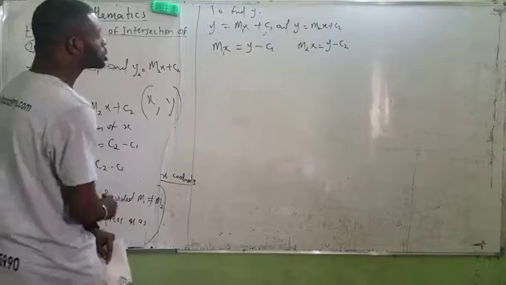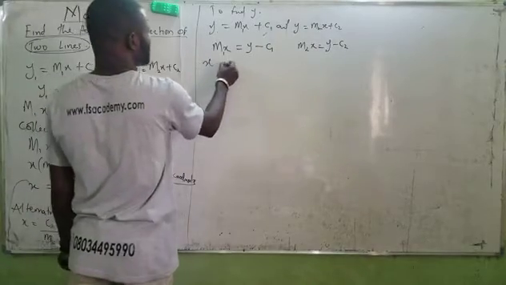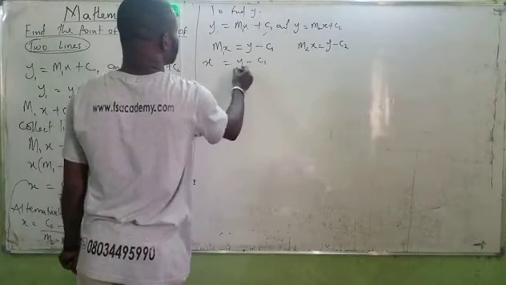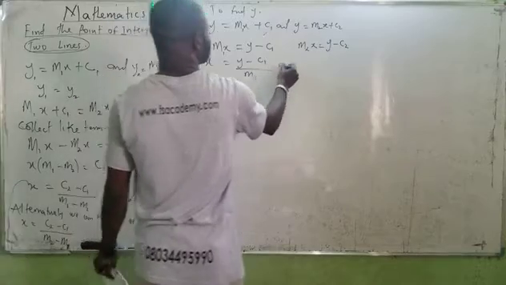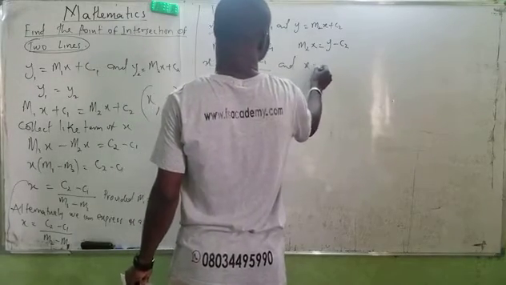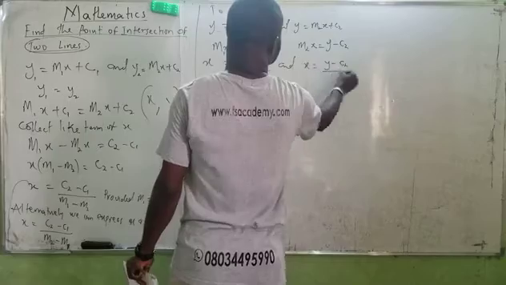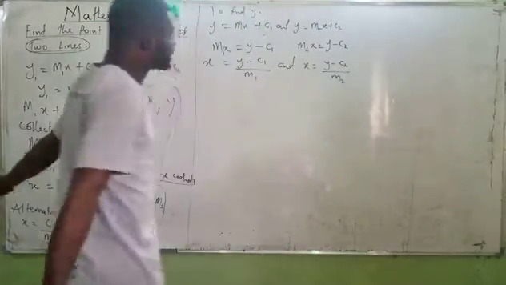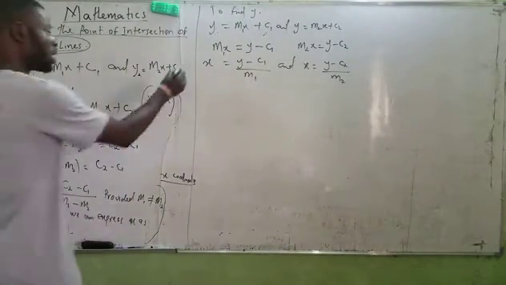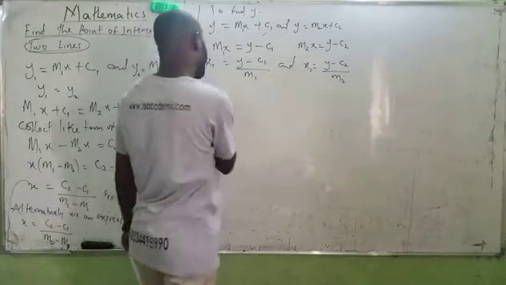Now, at this junction, I can say that x equals y minus c1 all over m1, and x equals y minus c2 over m2. Call this one 1 and this one 2.